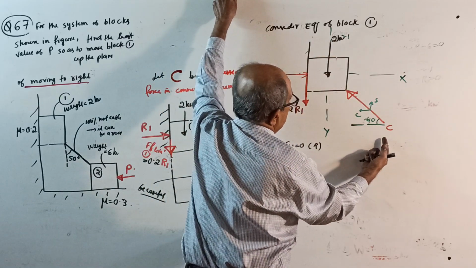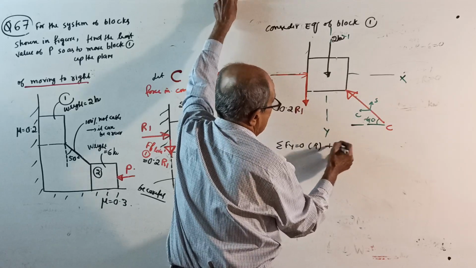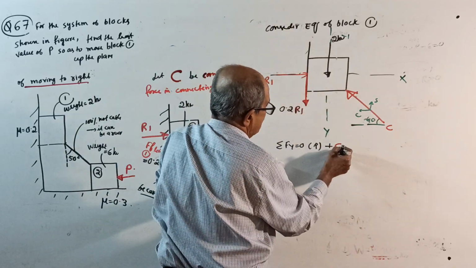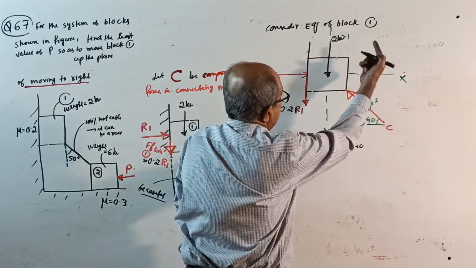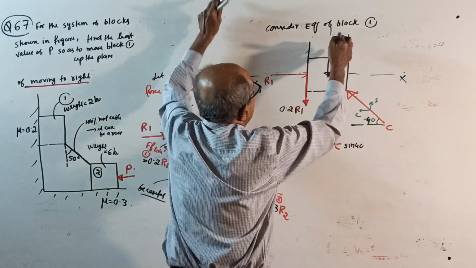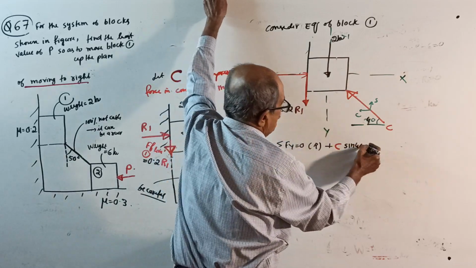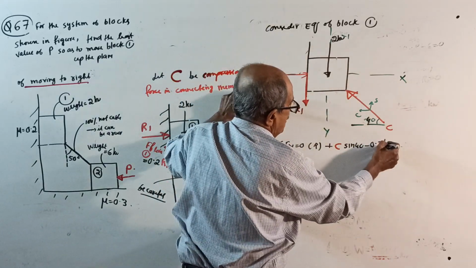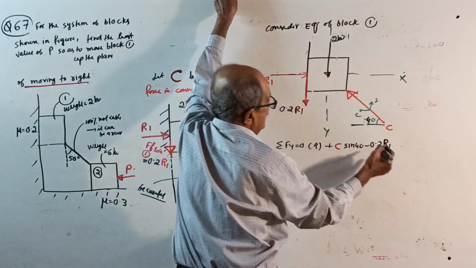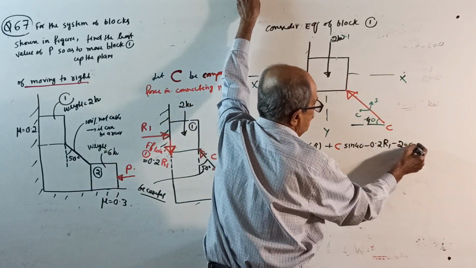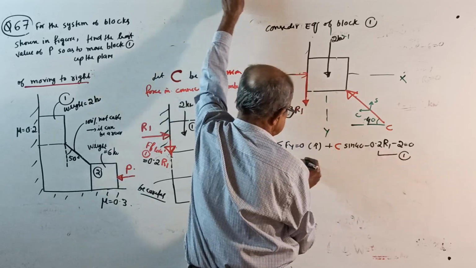What you get: plus C sine 40, this is 40 degrees. Then minus 0.2 R1, minus 2 equal to 0, equation number 1.